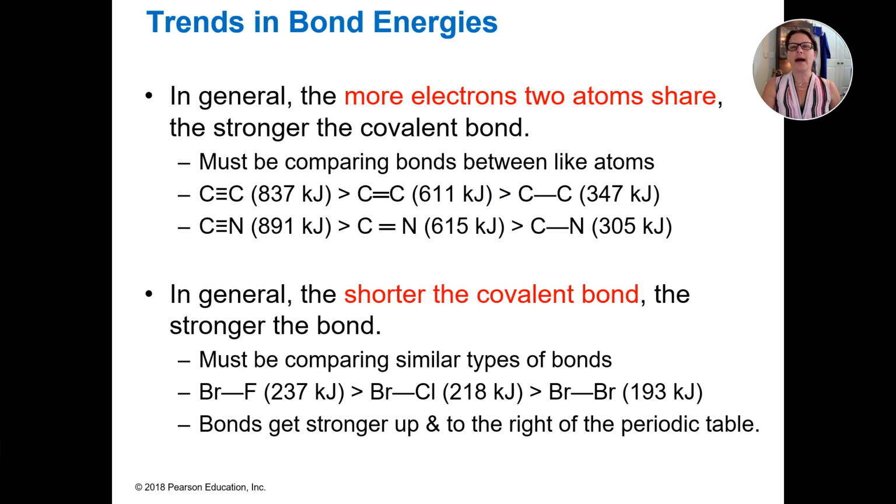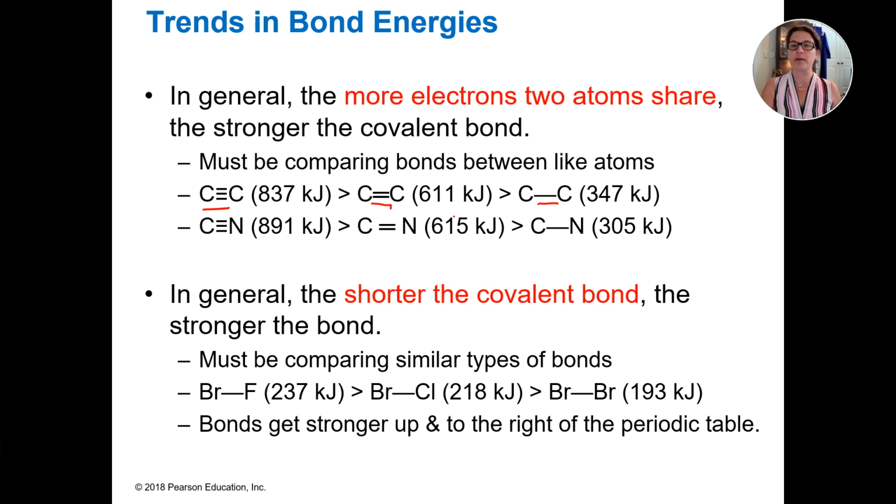So the general trends are: the more multiple bonds that are present, the stronger the covalent bond is. If I compare carbon only bonded to carbon, with a single bond versus a double bond versus a triple bond, the more multiplicity there is, the more energy it's going to take to break those bonds because they're stronger bonds.